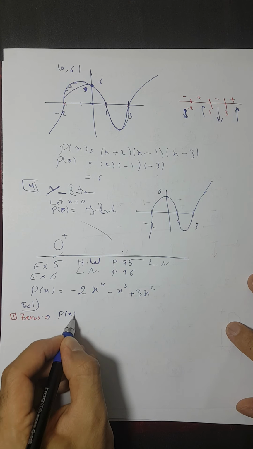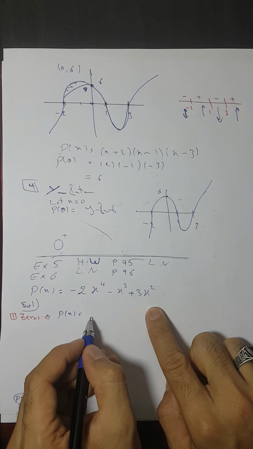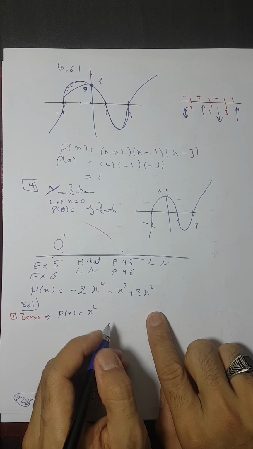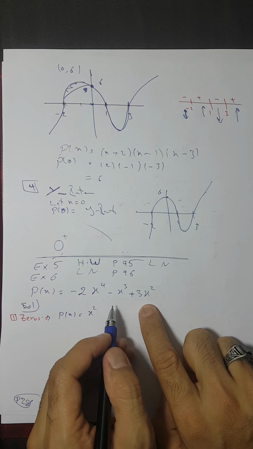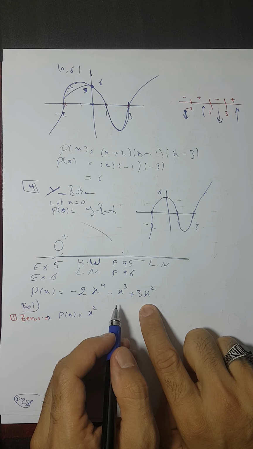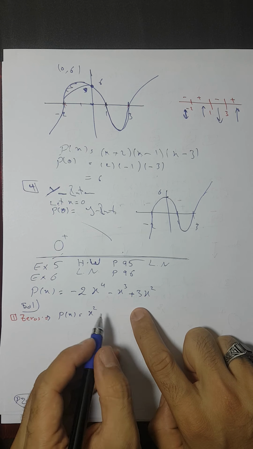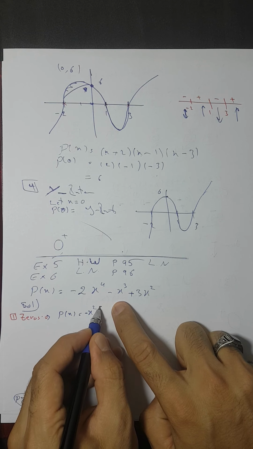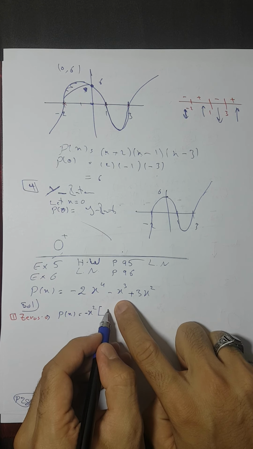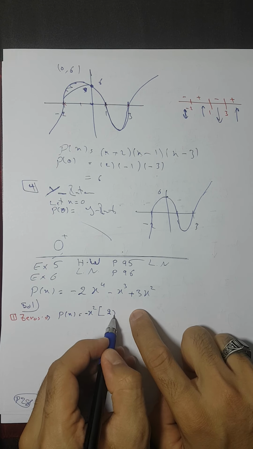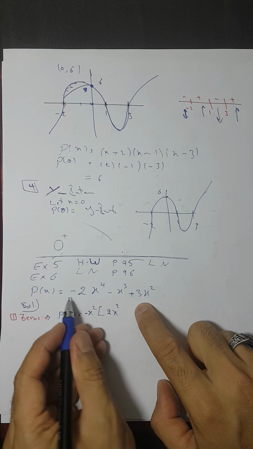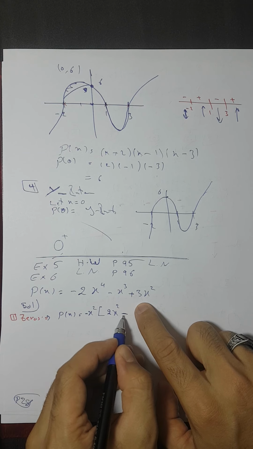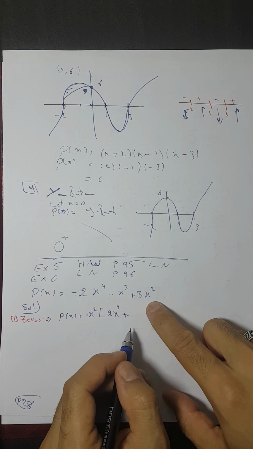So p of x, now we have x squared as a common factor. Also there's a minus as a common factor. I will get what? I get x squared times minus 2x squared plus, do you know why we plus?